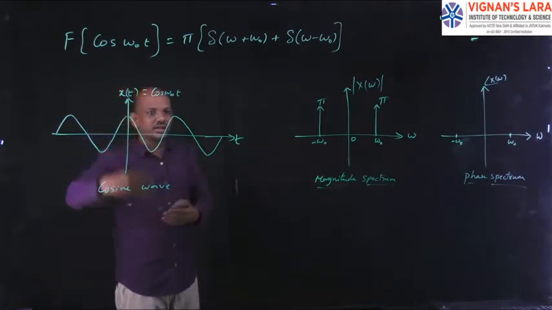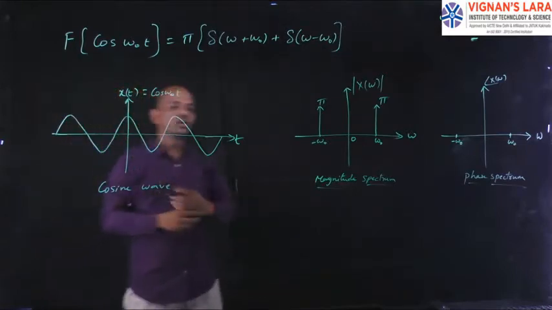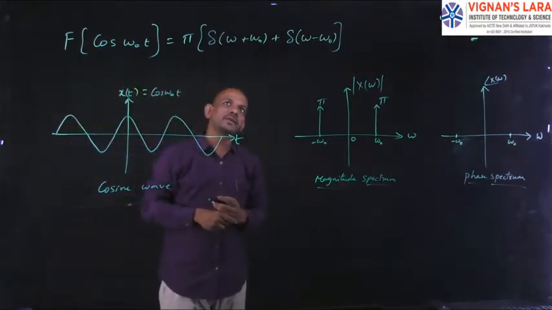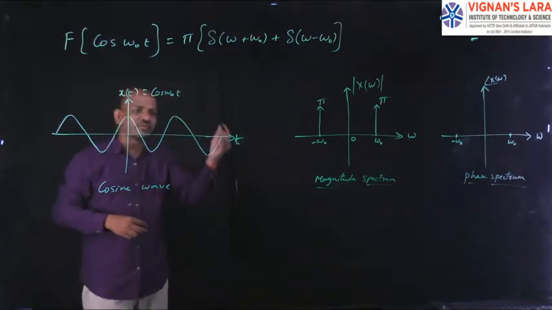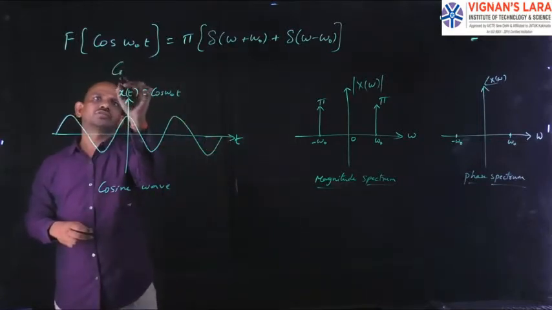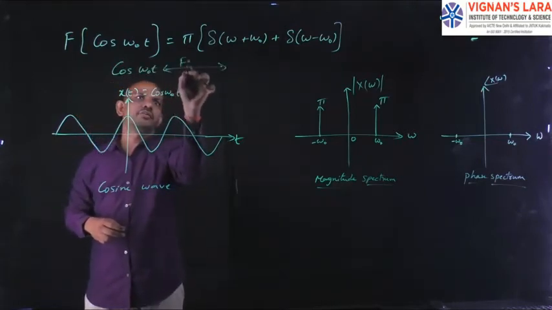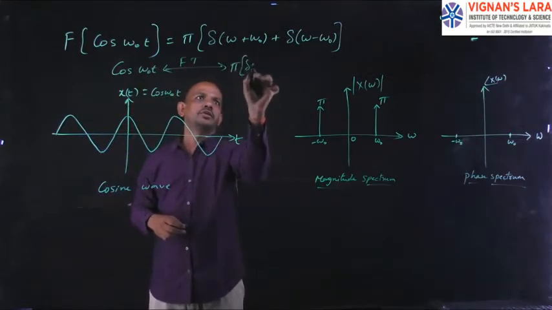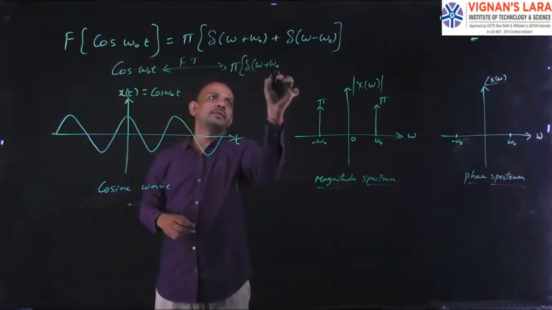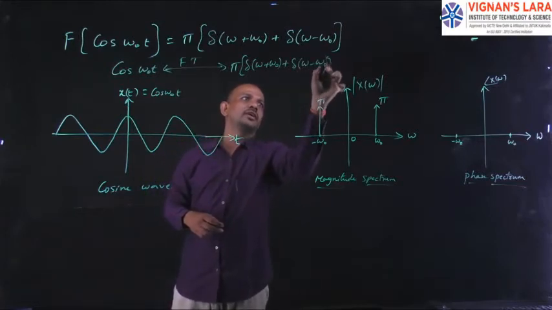From that derivation I concluded that the Fourier transform of cos ω₀t will be equal to π into δ(ω + ω₀) plus δ(ω - ω₀), or we can represent it another way, as cos ω₀t having a Fourier transform π into δ(ω + ω₀) plus δ(ω - ω₀).